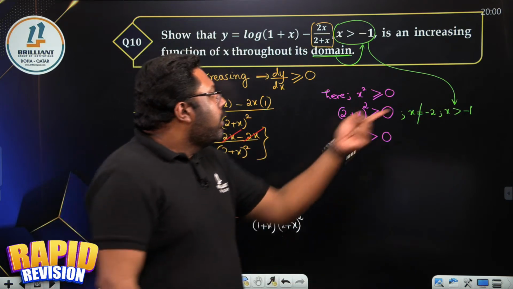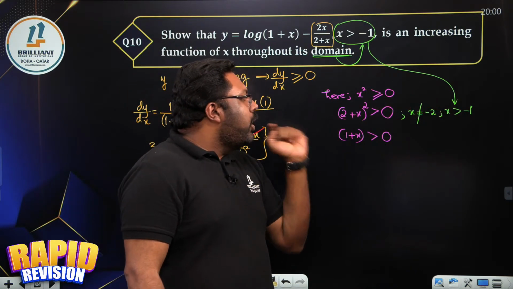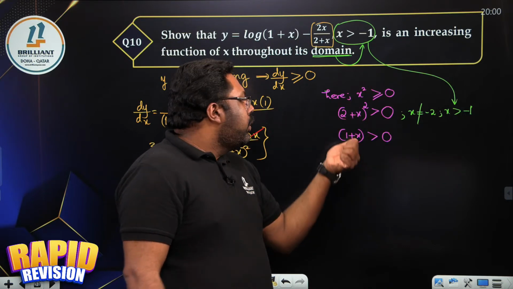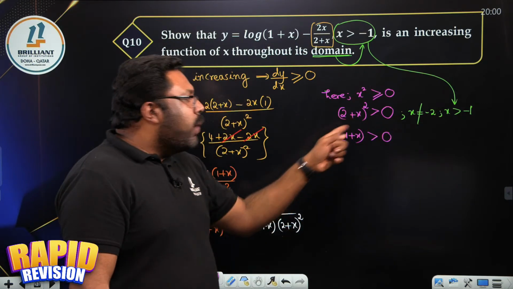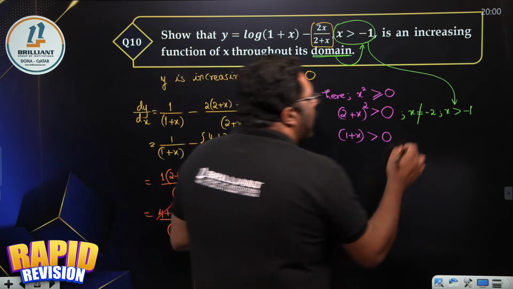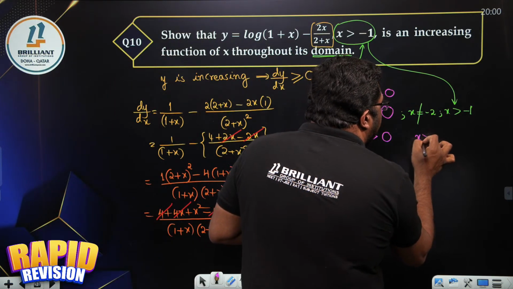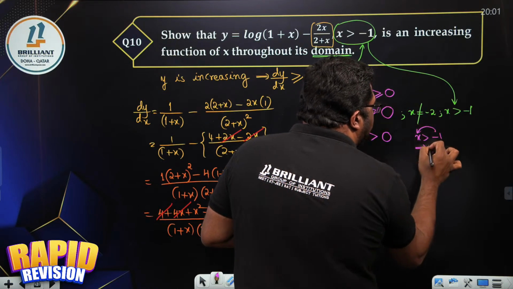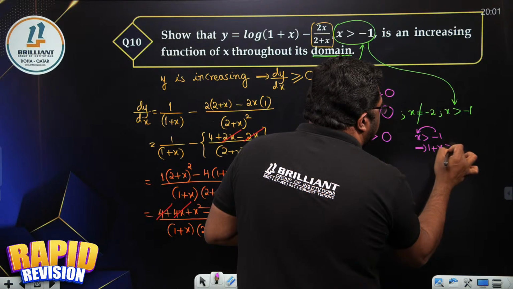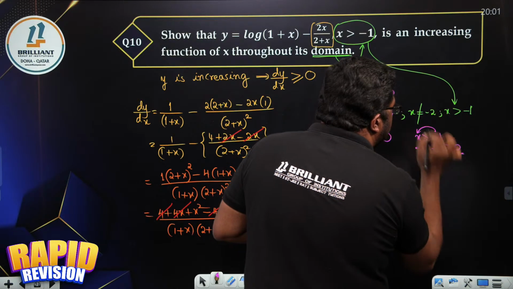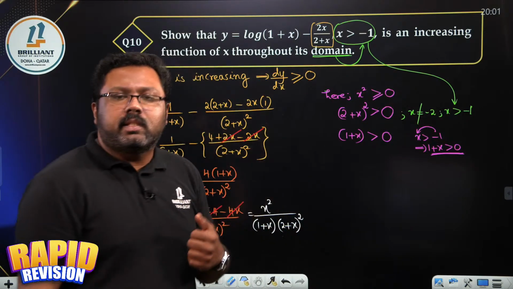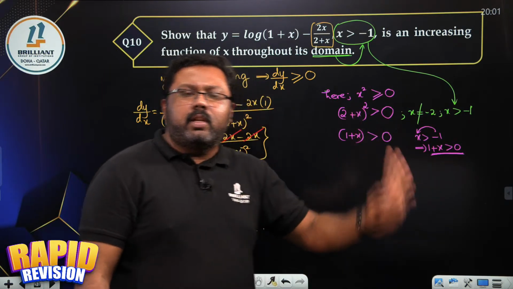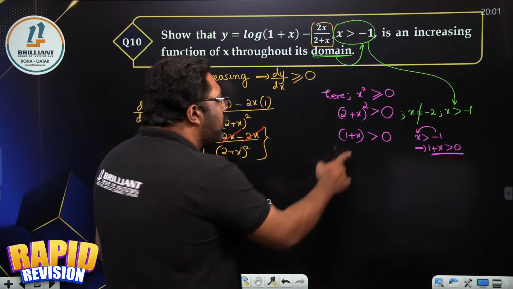Put minus 0.5, you get greater than 0. Minus 0.9 also greater than 0. The other way is x greater than minus 1 implies, bring the minus 1 to the left side, 1 plus x is greater than 0. Easy way: x is greater than minus 1, so 1 plus x is greater than 0.